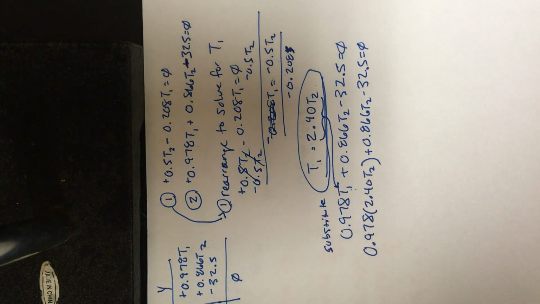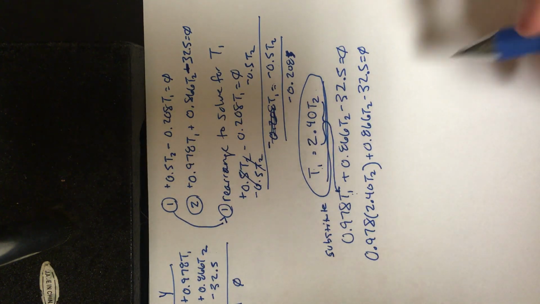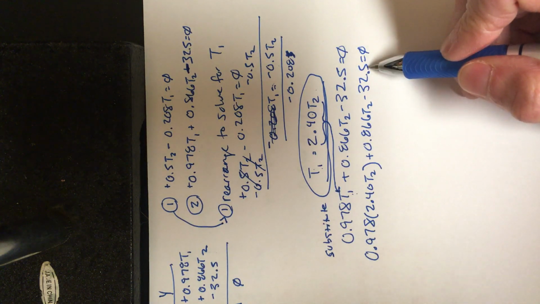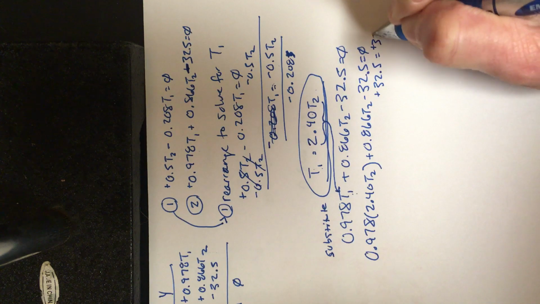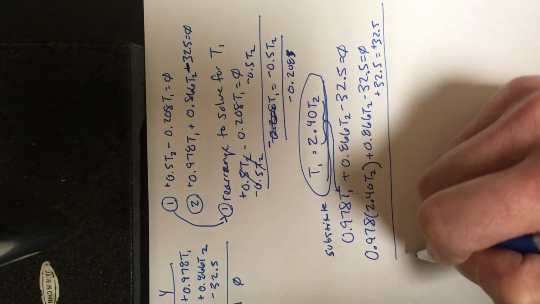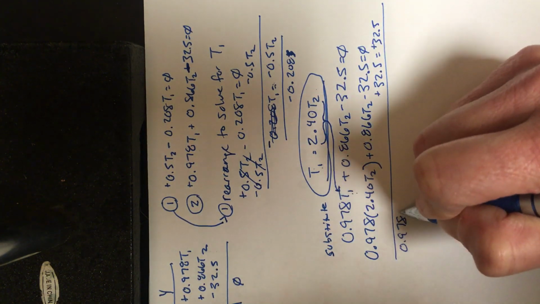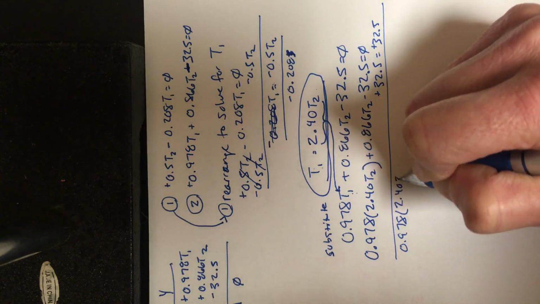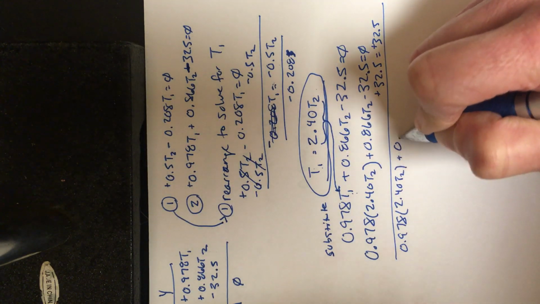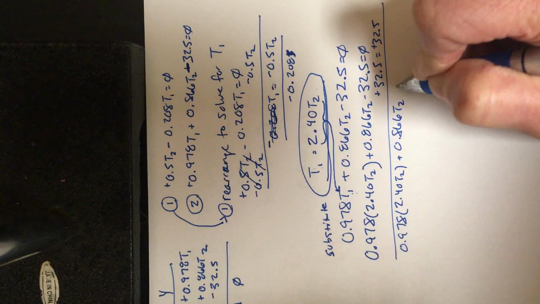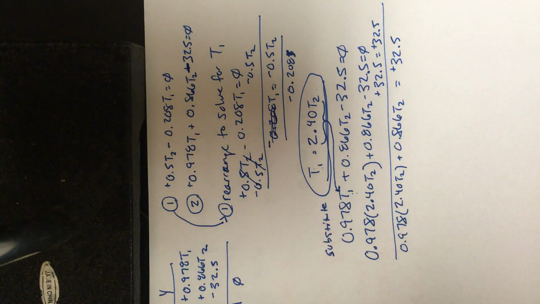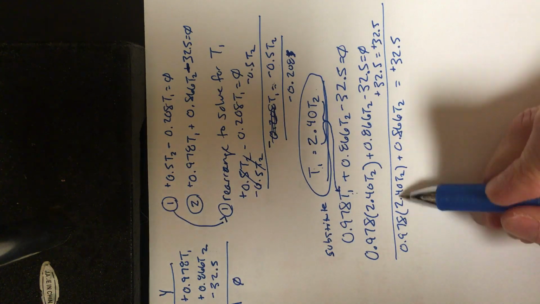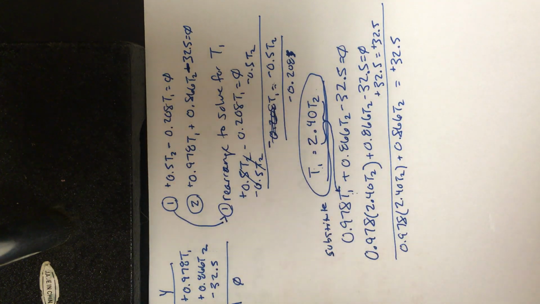Okay, so the first thing that I'm going to do is this guy's not like the rest, so I'm just going to move him to the other side of the equation. So all we're doing now is just basic algebra. Next, these guys are multiplied, so I'm going to go ahead and multiply those together.